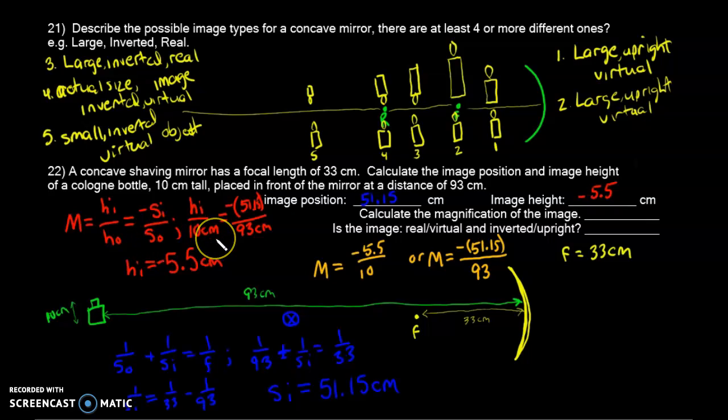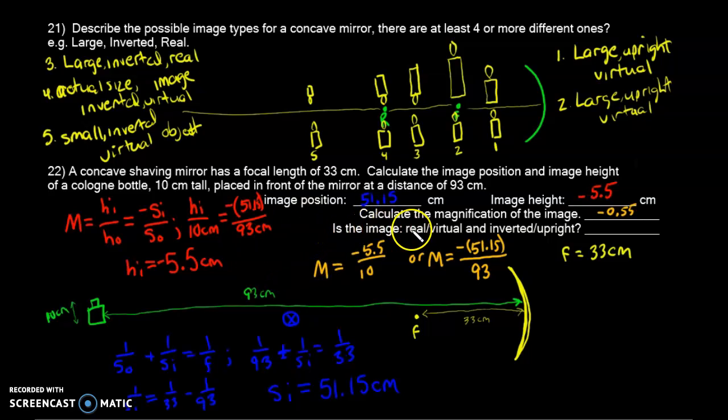Negative 5.5 divided by 10, I get a magnification of negative 0.55, and if I do negative 51.15 divided by 93, I get negative 0.55, so I end up with the same answer for the magnification.